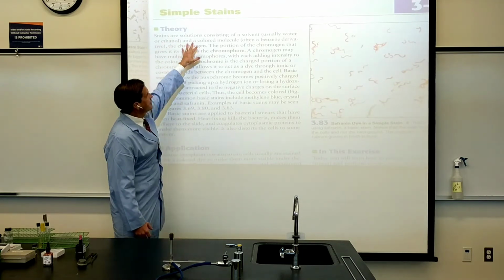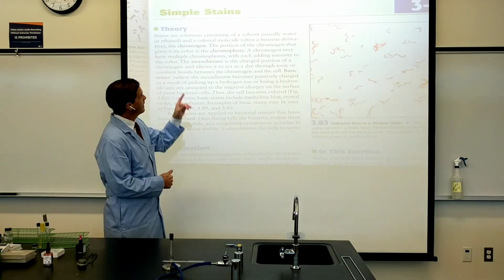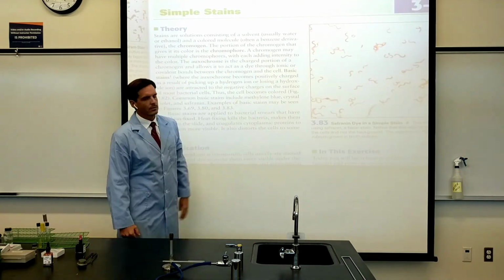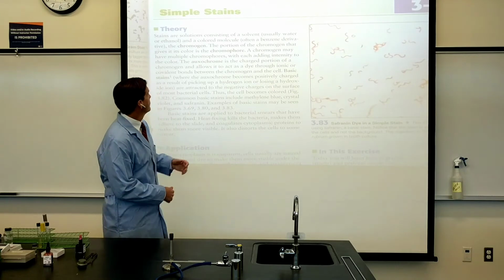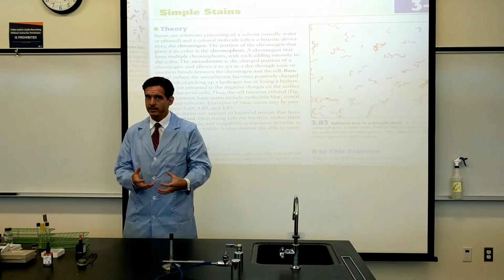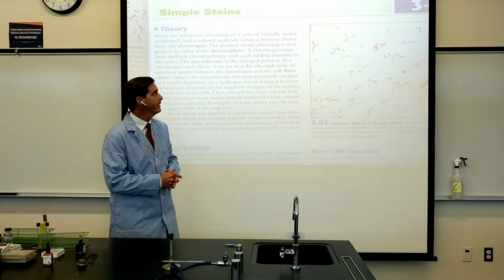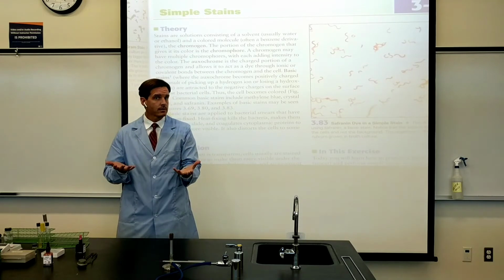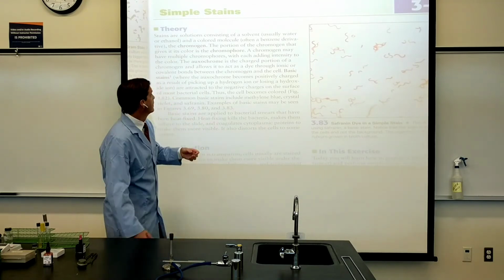It says stains are solutions consisting of a solvent, usually water or ethanol, and a colored molecule, often a benzene derivative, and that's your chromogen. And the term chromogen is bold-faced, so you know that's a vocabulary term you should know. And then it says a chromogen may have multiple chromophores, another term that we went over.